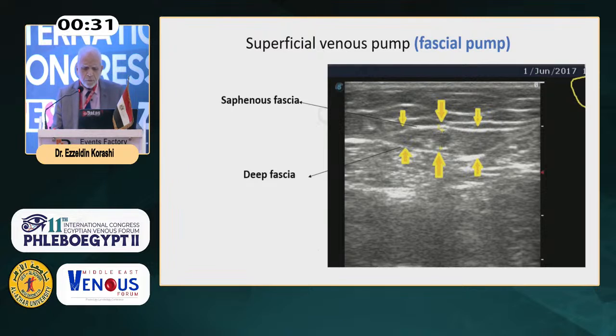They found that with walking, there's some movement of the superficial over the deep fascia. There is some propelling of blood through the great saphenous vein, but the controversy is whether it is important or not. It is proved, but it is not proved as an important hemodynamic pump. It's still open to discussion.